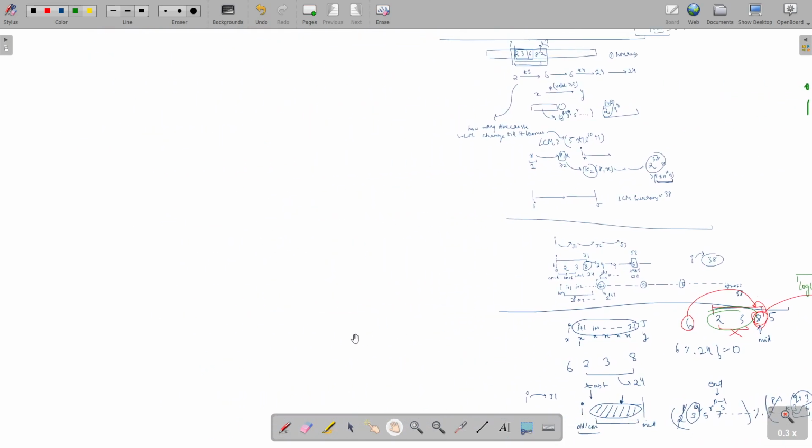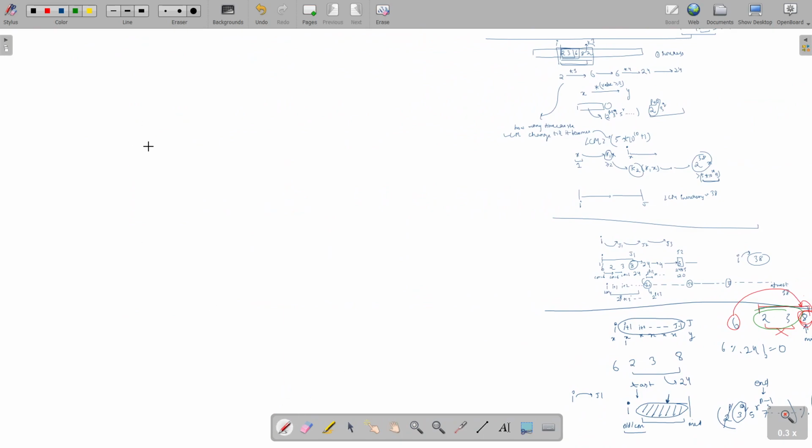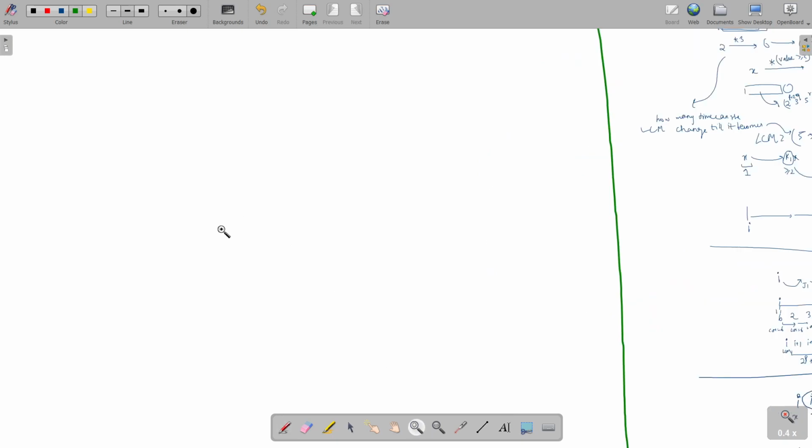Now, few more things that I want to discuss with you, which are important. Suppose, what I told you is that for each index I we have 38 LCMs that we are looking at.